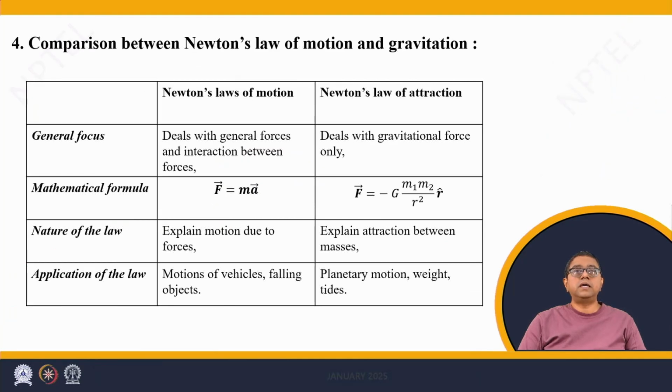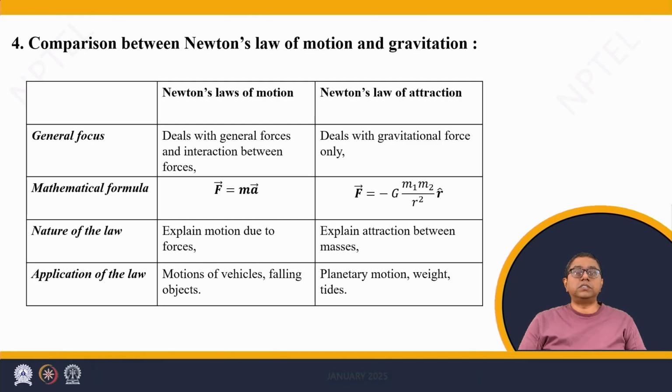Now, let us have a detailed comparison between the fundamentals of Newton's law of motion and Newton's law of gravitation. The Newton's laws of motion and the law of attraction are compared on the basis of four characteristics. 1.